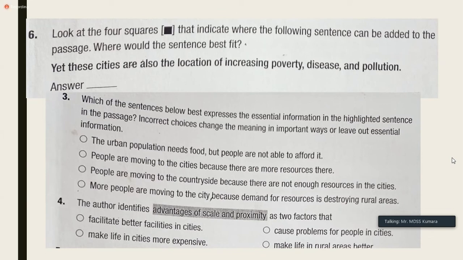First answer option: the urban population needs food, but people are not able to afford it. Is this right? It is right about the underlying sentence. Or which one is the most suitable answer?